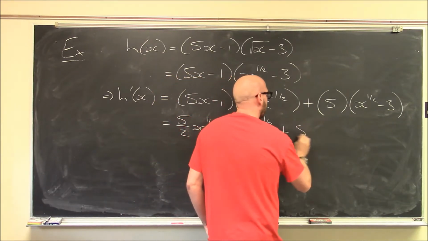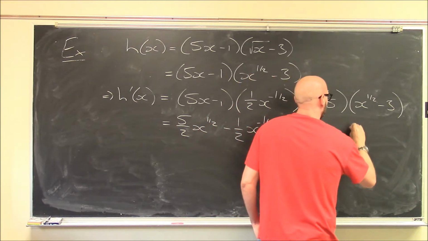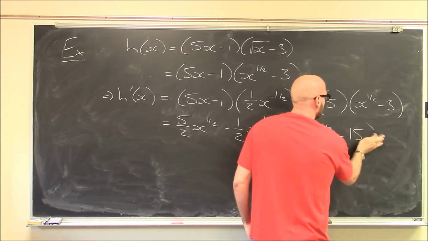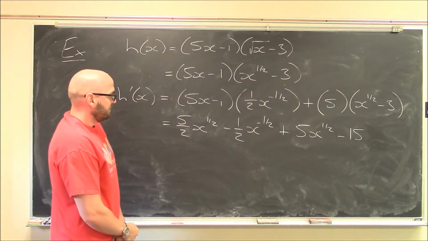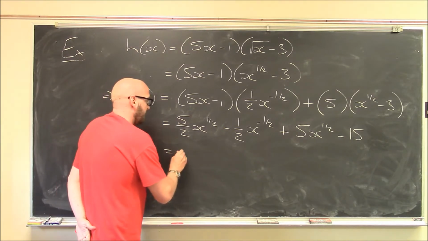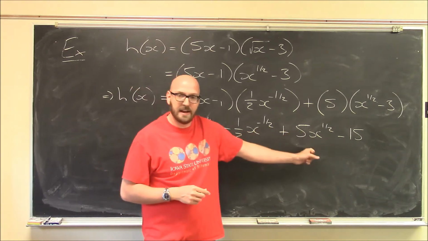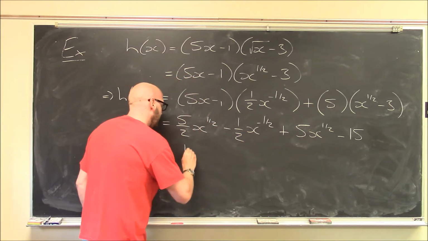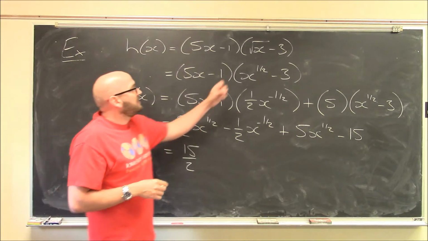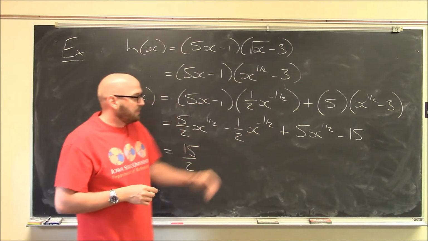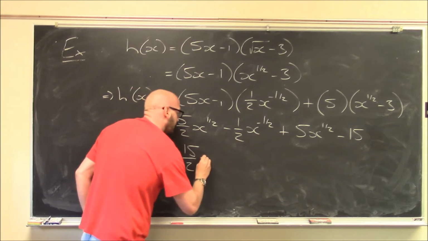Plus, distributing this, 5 times x to the 1/2 minus 15. Alright, so we'll group these together. 5/2 plus 5. 5 is actually 10/2, so grouping them together is 15/2. And because we started with a square root, I'm going to go back to a square root here, just so we match up with our original expression. x to the 1/2 is the square root of x.